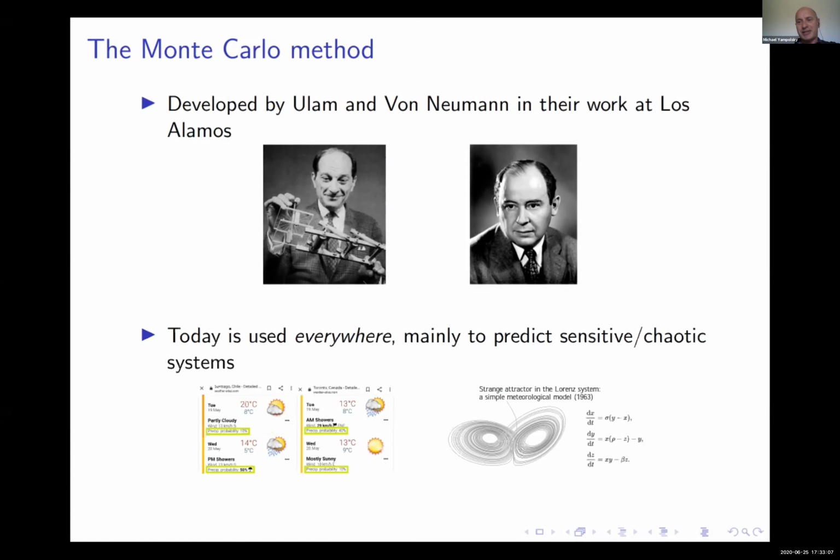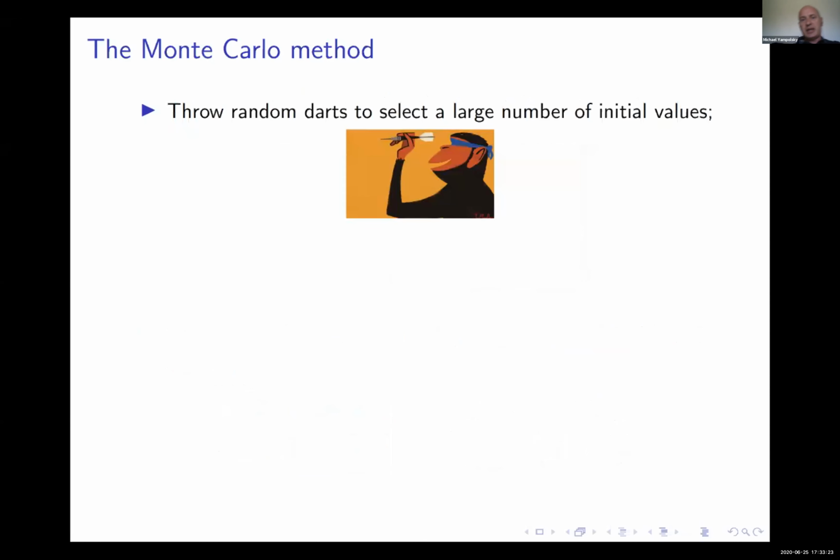It's too complex. If you want a more familiar example, you could look at weather prediction, which is also an example of a complex system that is impossible to do deterministically on a computer. So the Monte Carlo technique should be fairly familiar.